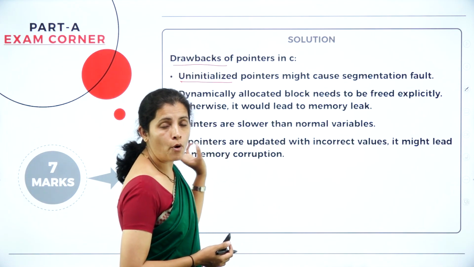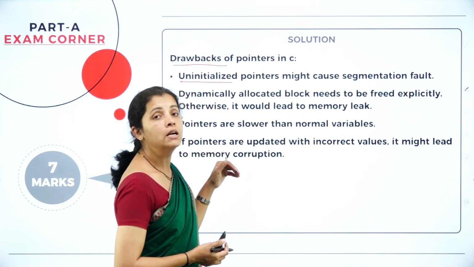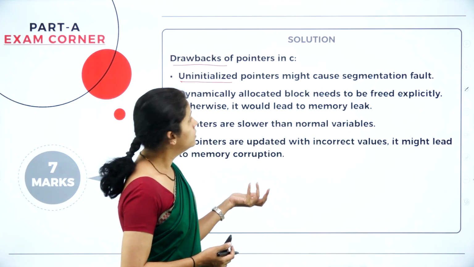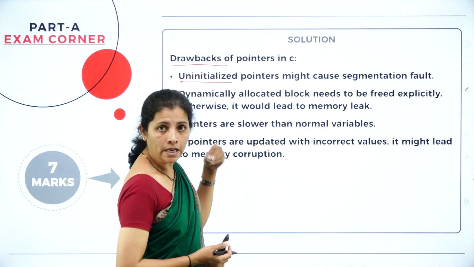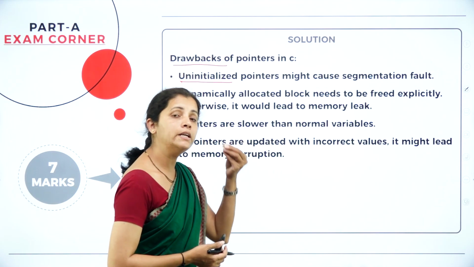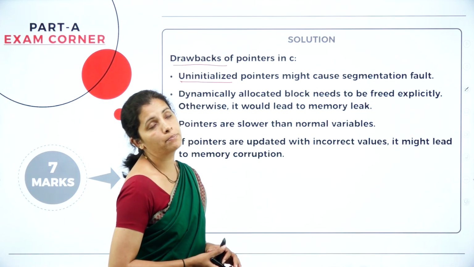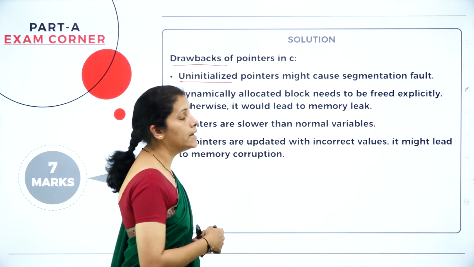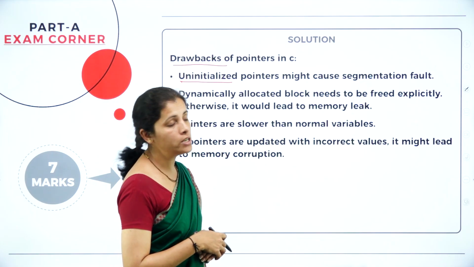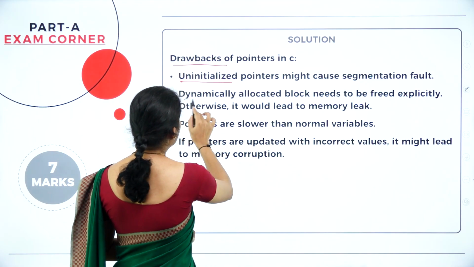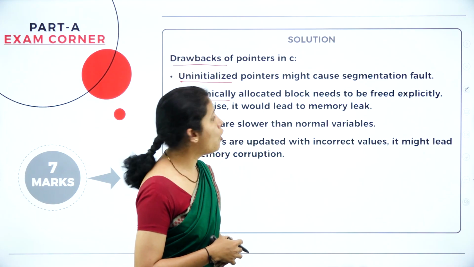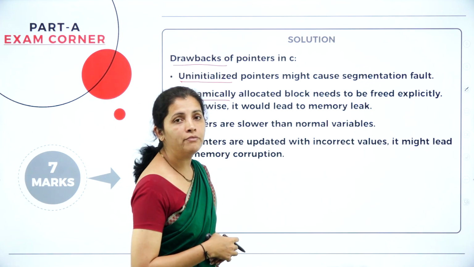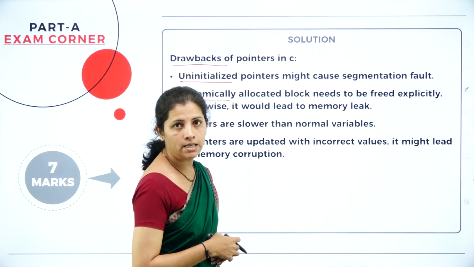If I consider pointers, we have types of pointer. If I create a pointer and I don't use it in my program, then that leads to segmentation fault. Dynamically allocated blocks need to be freed explicitly.